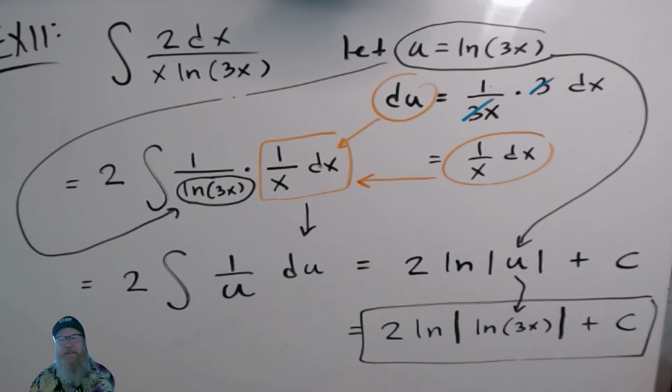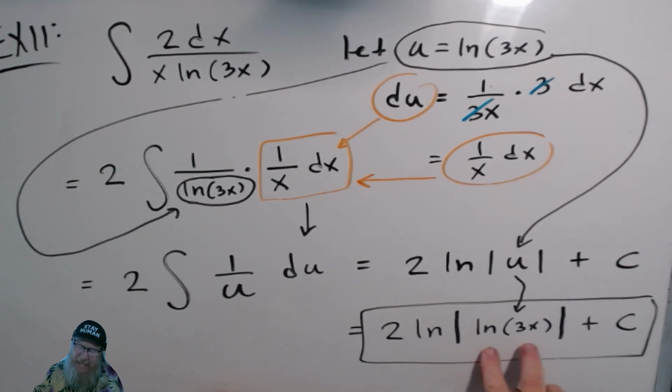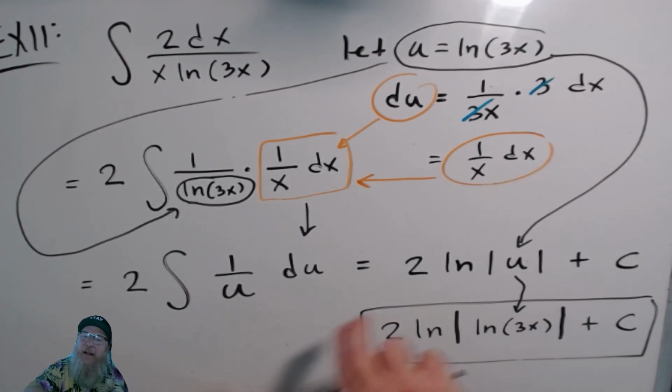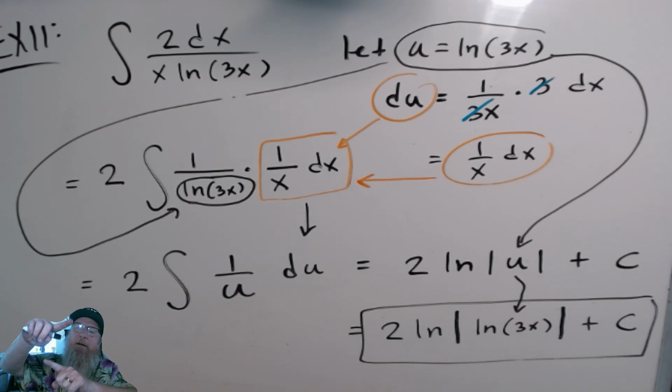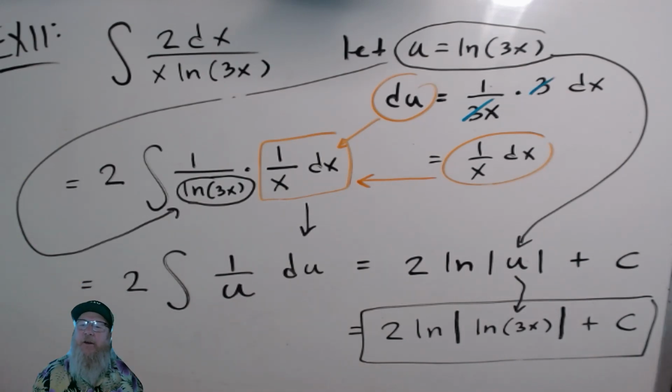Which does not mean the same thing as ln squared, because you're not multiplying these ln's now. You're taking the ln of the ln. It's called a composition function. It goes through one function and comes out, and then it goes back into another function. It just happens to be the same function twice. That's it.